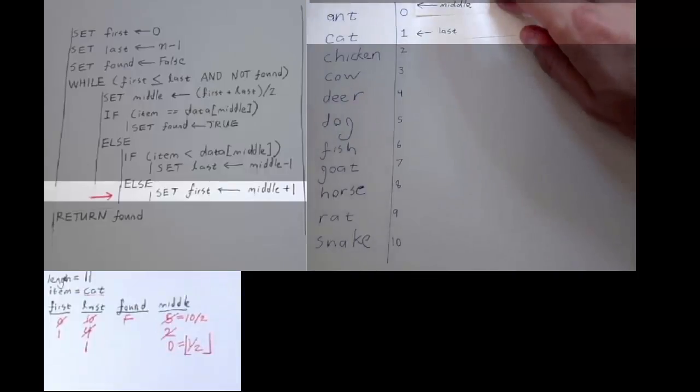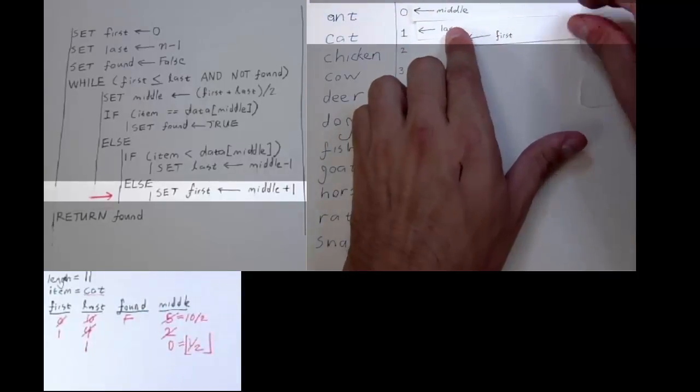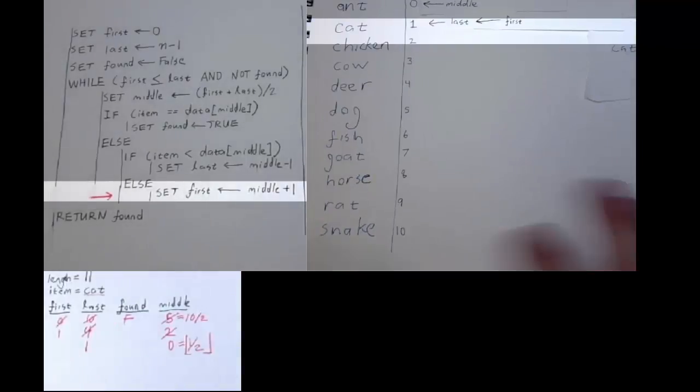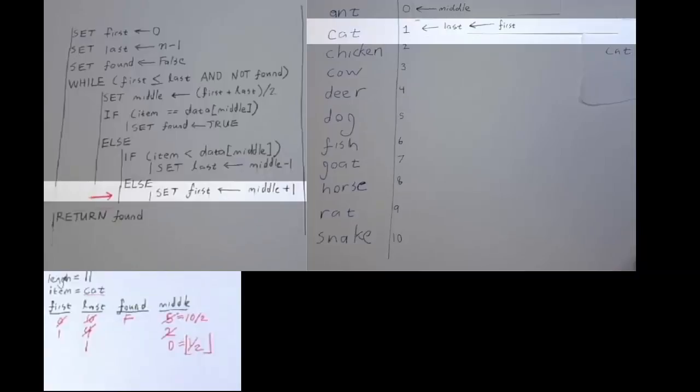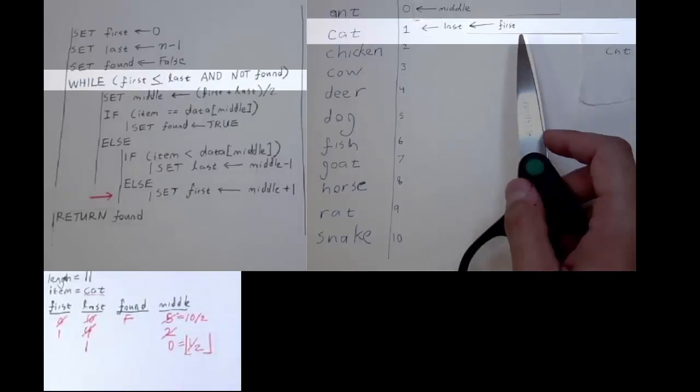So middle stays at 0 and first becomes middle plus 1. Right? So now first equals last equals 1. And we repeat the loop. Is first less than or equal to last? That is true because first equals last.